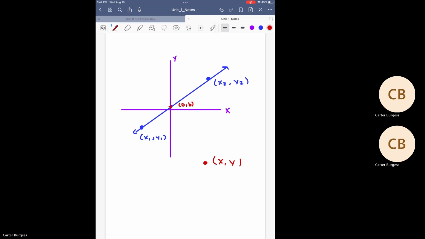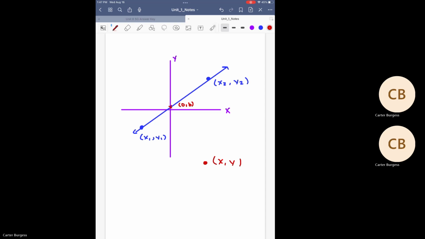This is a very, very specific value of x paired with a very, very specific value of y. Right? These are not generic. Whatever x2 is, it's fixed at x2. Whatever y2 is, it is fixed at y2.